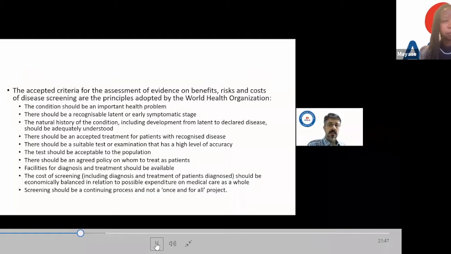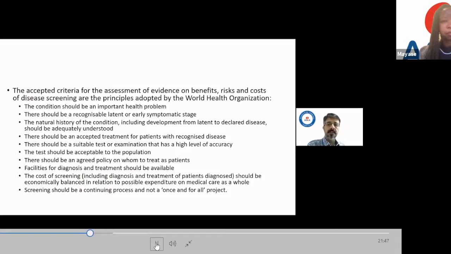The cost of screening was identified in the WHO document and should be economically balanced. So at the moment, things like newborn screening of the entire population for a relatively rare condition such as sickle cell disease may not be economically viable. And that's where prenatal testing and screening makes much more financial sense.